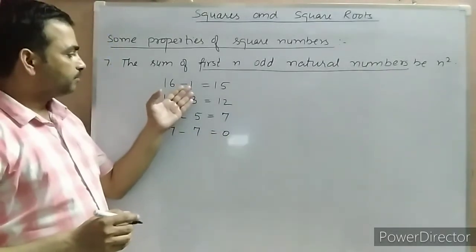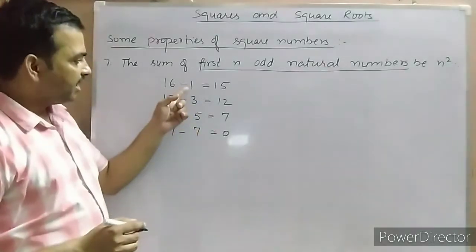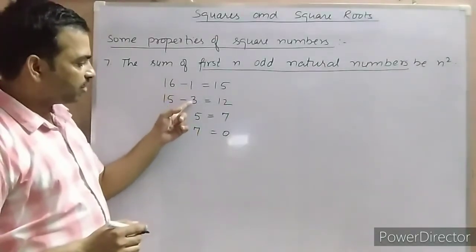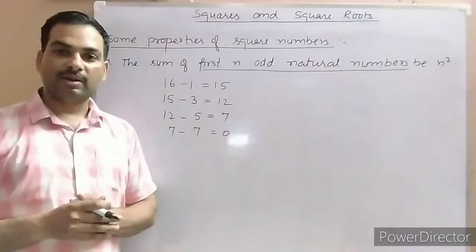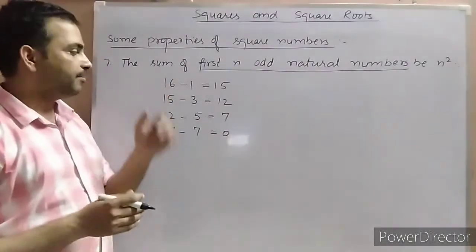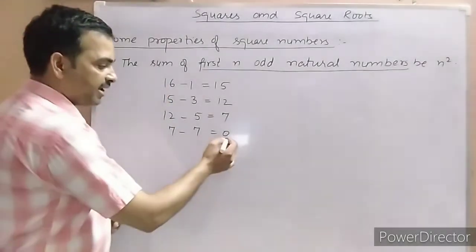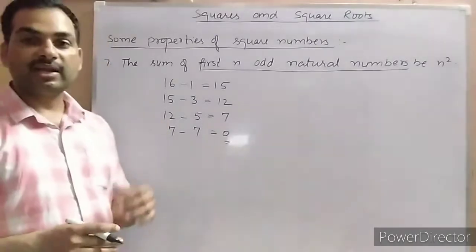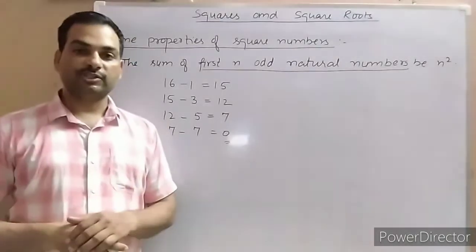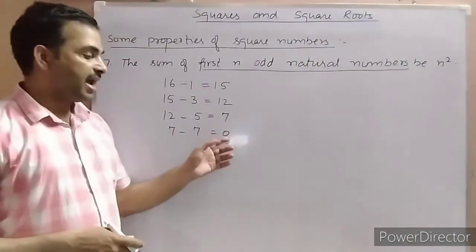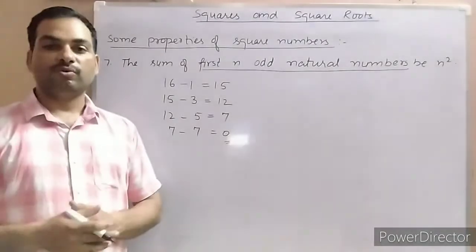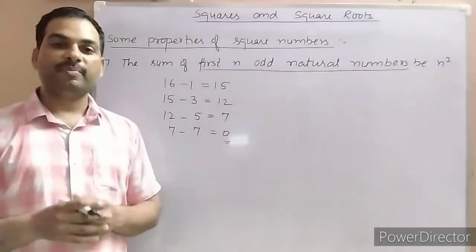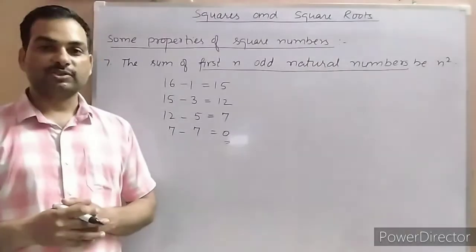So in this process, if we subtract successive odd natural numbers from the given number and get 0, then the given number is a perfect square. If we get a non-zero result, then the number is not a perfect square.